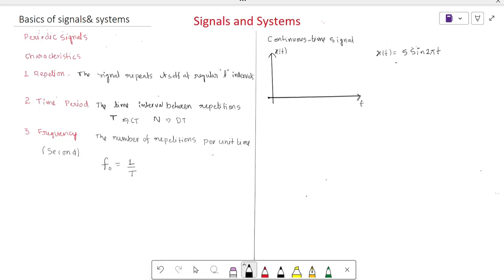Or is it better to take x of t equal to something Vm sine omega naught t, a sinusoidal signal. So I'm taking a sinusoidal signal.